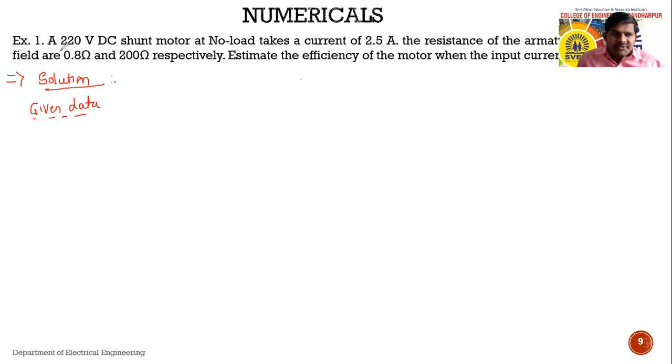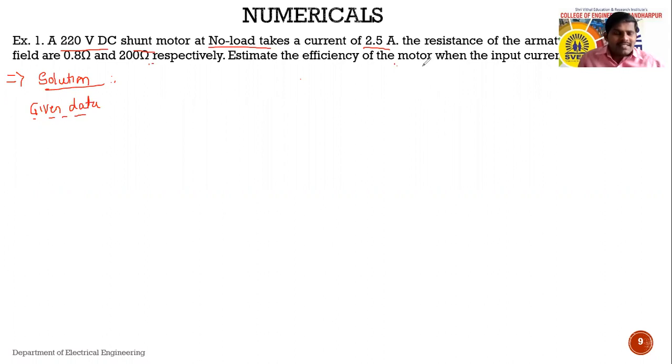Read the problem. A 220 volt DC shunt motor at no load takes a current of 2.5 ampere. The resistance of armature and field is 0.8 and 200 ohm respectively. Estimate the efficiency of the motor when the input current is 32 ampere.